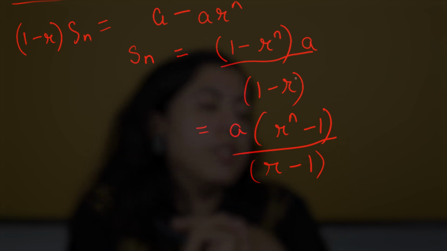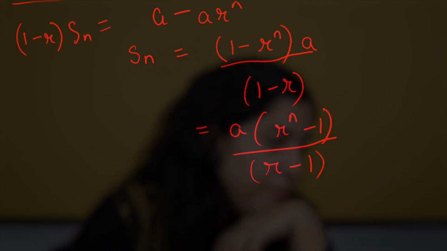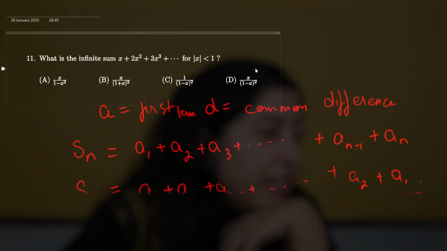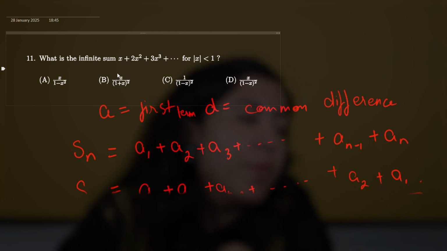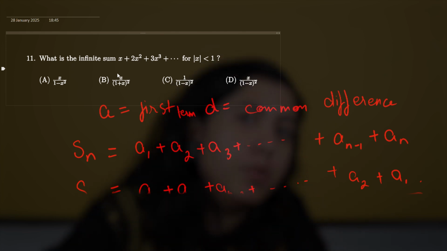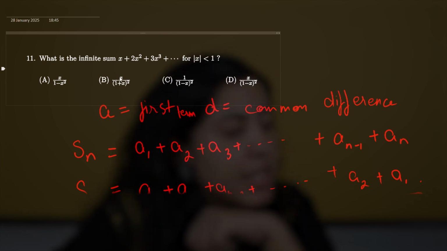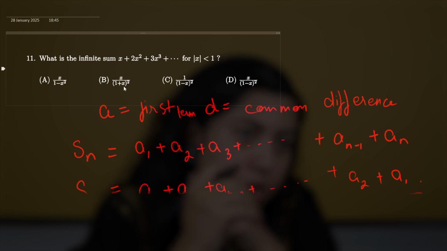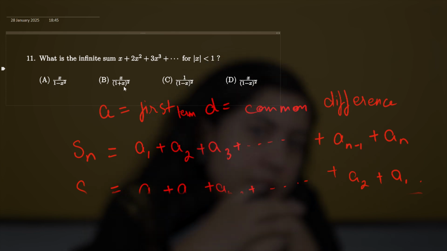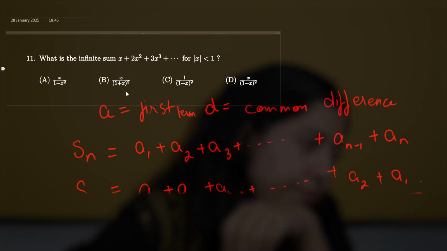Now let's use this technique to solve the question given: find the infinite sum of x plus 2x squared plus 3x cubed plus so on. If we carefully see, the coefficients are forming an arithmetic progression while the variables are in geometric progression.